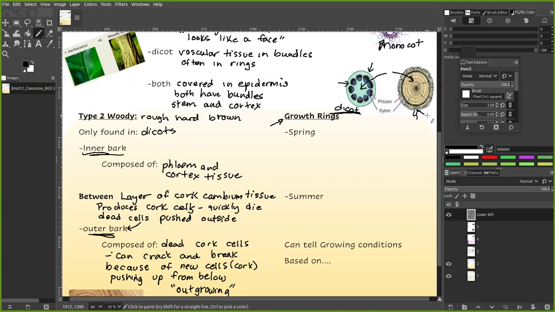In the spring, there's plenty of water. Great growing conditions, so that the xylem that are produced are quite large. Remember, that's in the inner part of the tree.